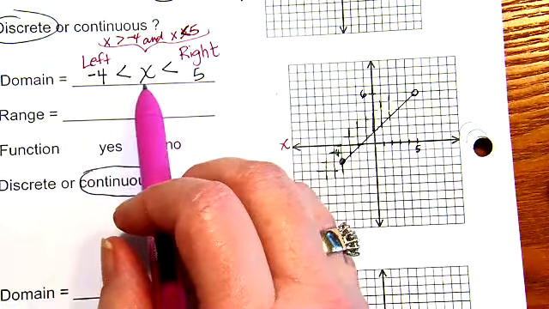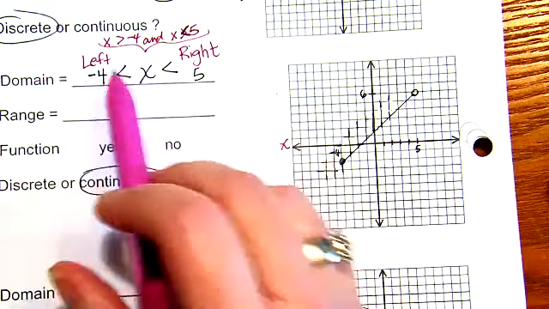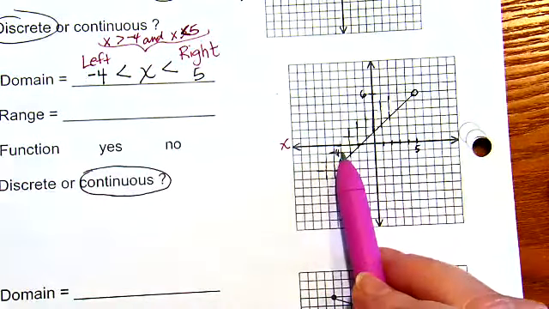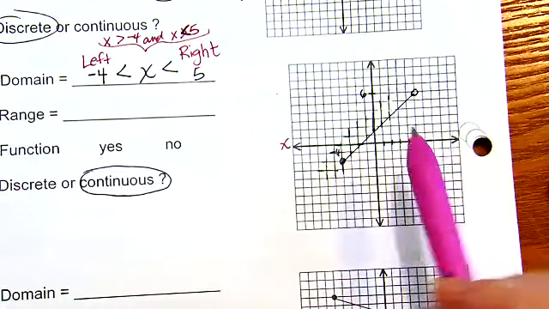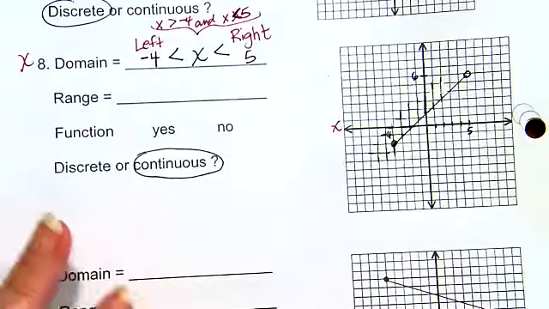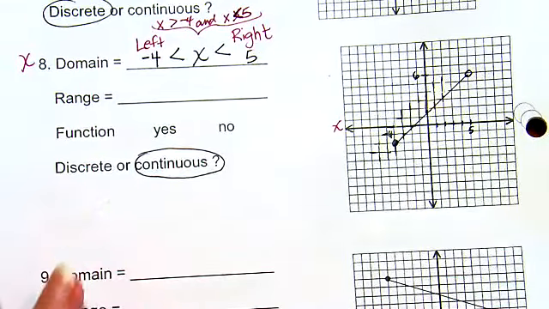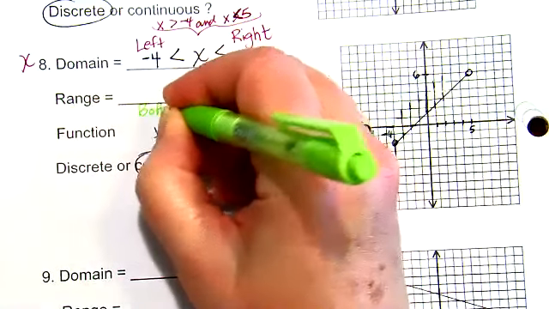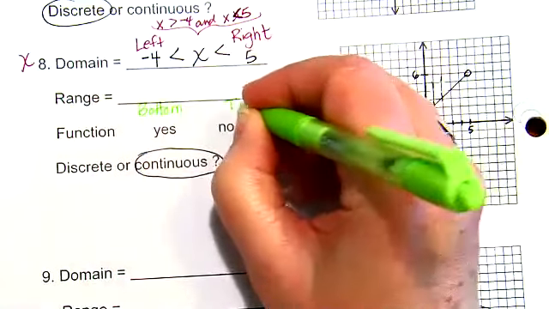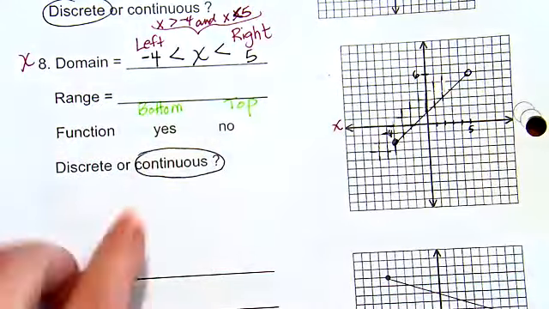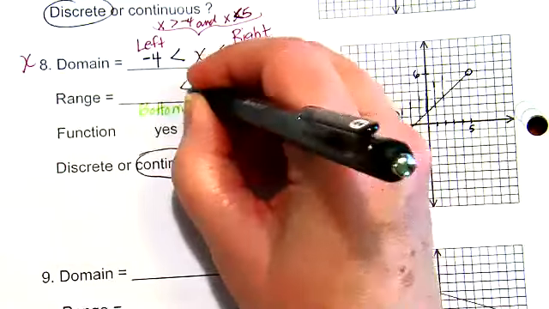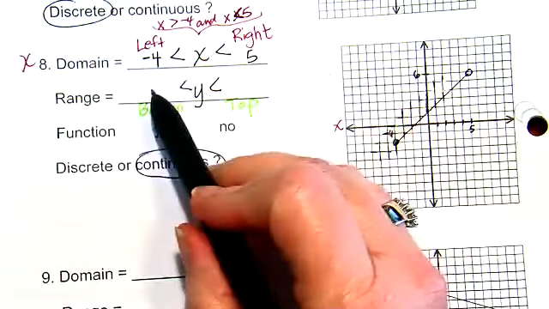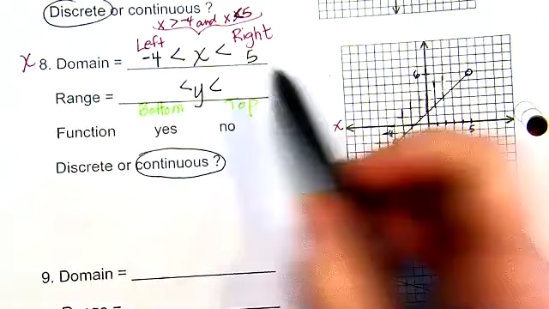So now we're not quite finished. I've got the left number and the right number, and now I need to do the range. So for the range, we're going to do low number to high number, but to do this one, I'm going to go from the bottom to the top. And this is a story this time about the Y. So the Y goes in the middle, and then we're going to put the bottom number and then the top number.